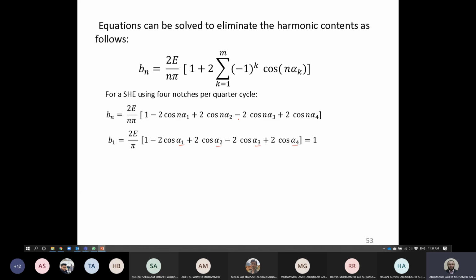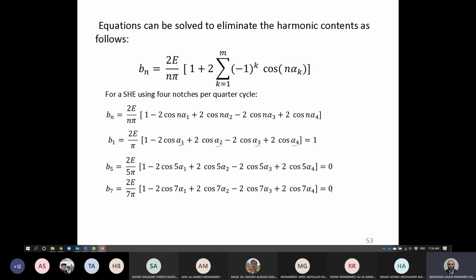So by this technique, we will have the fundamental component if we make it equal 1, fifth order equal 0, seventh equal 0, 11th equal 0. So now you force the converter to have 0 value for the fifth harmonic, 0 value for the 7th harmonic, 0 value for the 11th harmonic, such that you have to fulfill the values of alpha.